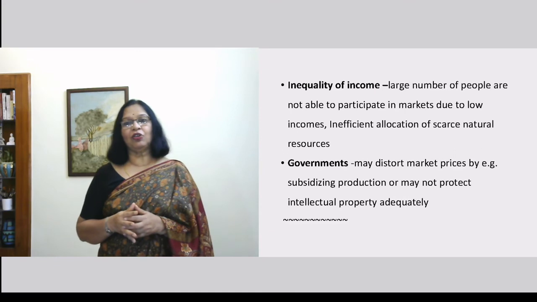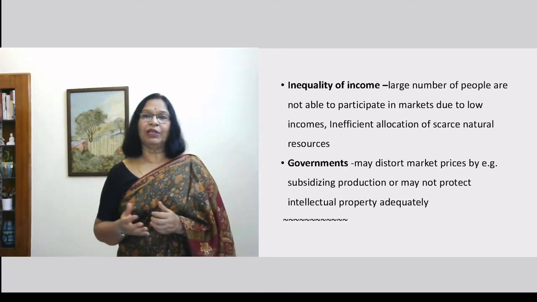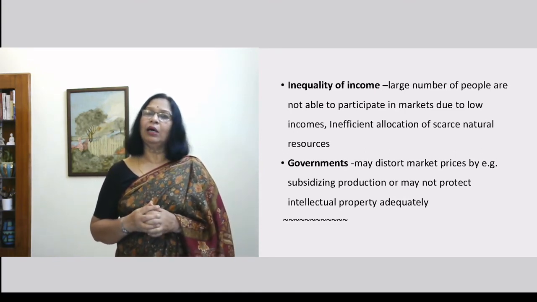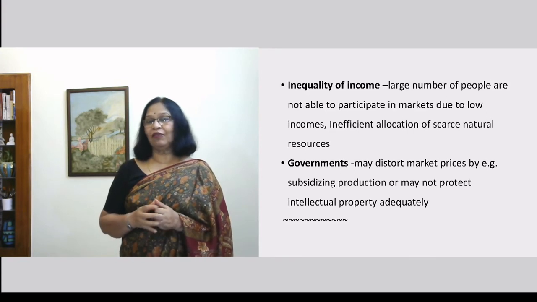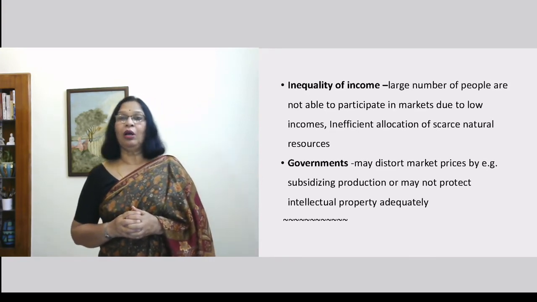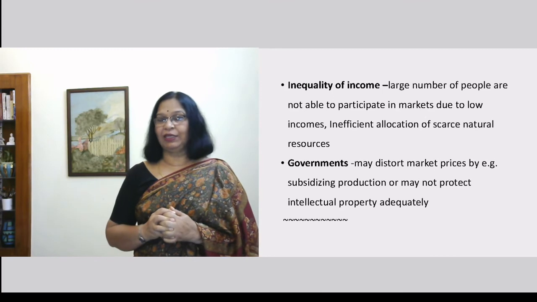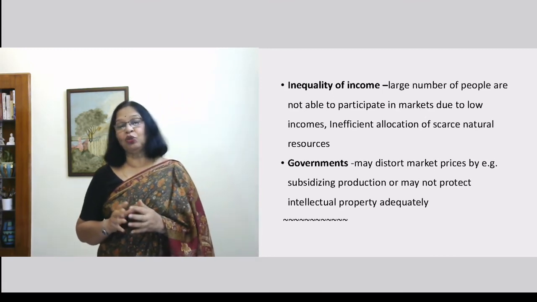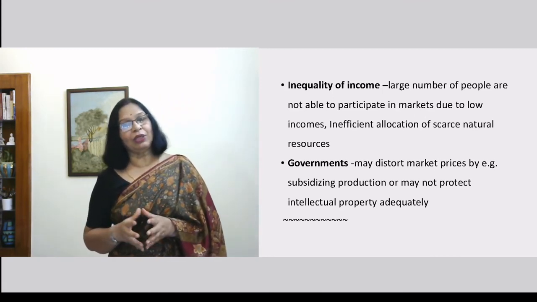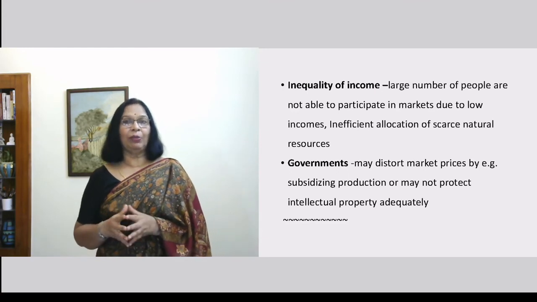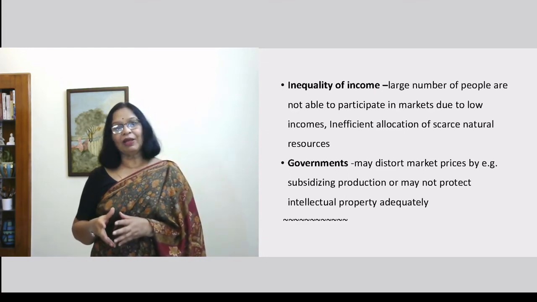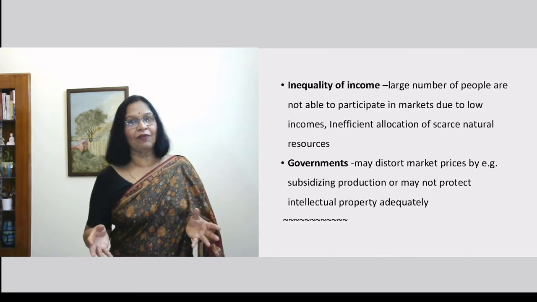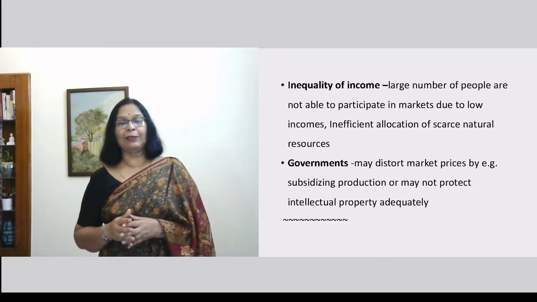Markets can also fail because of inequality of income. The example here is that of vaccination, that comes up to my mind. There are a large number of people who will not have resources to pay for getting themselves vaccinated. Now, the question that will come to us is, should we leave them without getting vaccinated, or should they be vaccinated? Ideally, they should be vaccinated so that the society is safe and moves towards a healthy society.